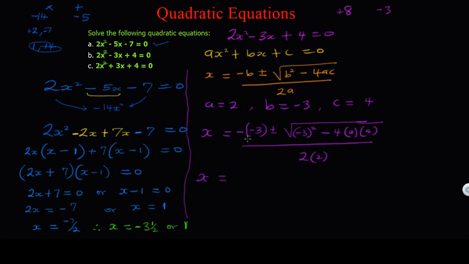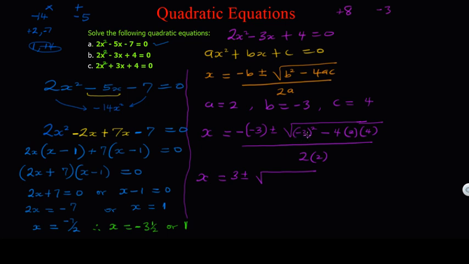We can reduce this to x equals minus times minus, that's plus 3, plus or minus the square root of 3 squared. When you square a negative number it will give you a positive number.